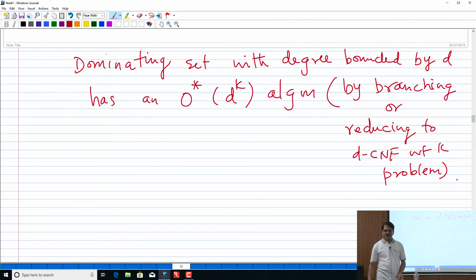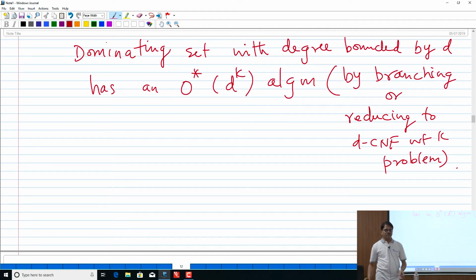I want to design a kernel for the dominating set problem. First of all, can we have a kernel for the more general dominating set problem? Given a graph G, I am interested in testing whether there is a k size dominating set.